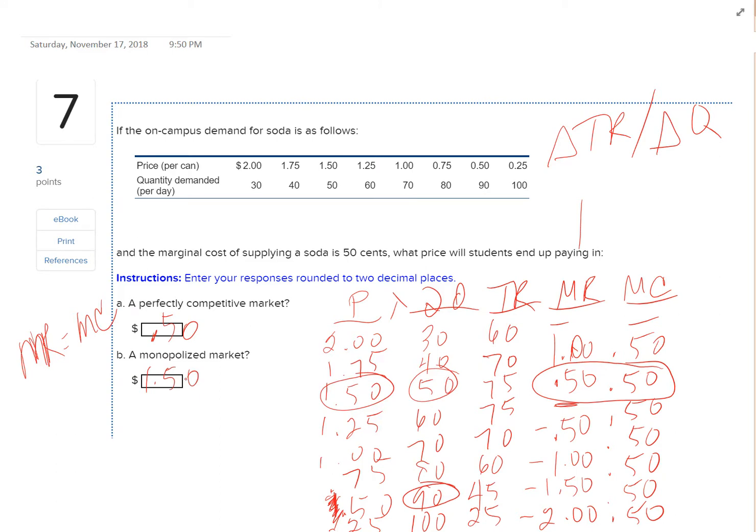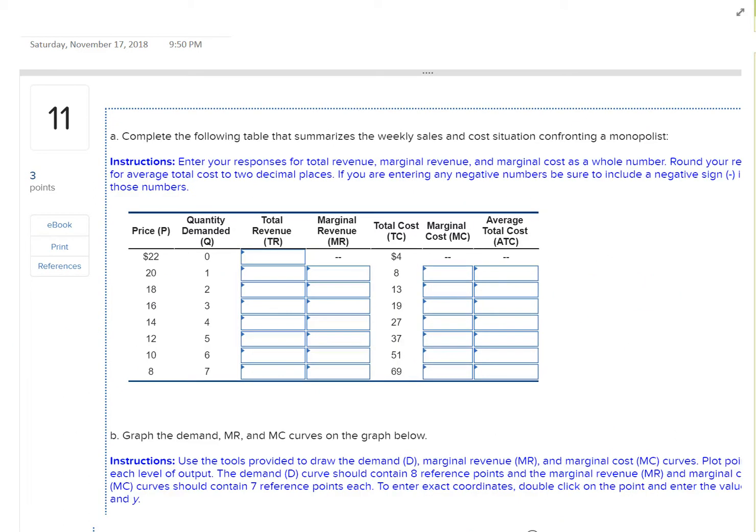So watch out for that one, because remember, the competitive firm receives the same marginal revenue from the market, and the monopolistic firm is going to produce at that profit-maximizing output, but they're not going to charge that same price. They're going to charge what the market will bear. So in this case, it's $1.50. All right, so that one's a little setup involved, but can be done.